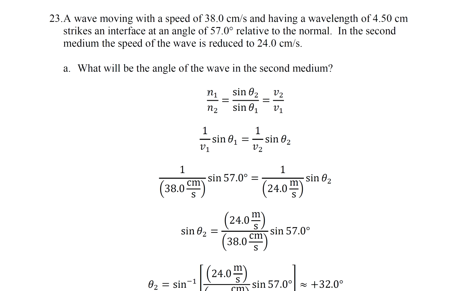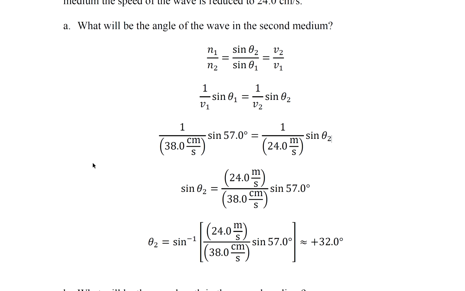So we have this equation here. We're given v1 and v2, and we're given theta 1. So we solve for theta 2, and know how to do sine inverse on the calculator.